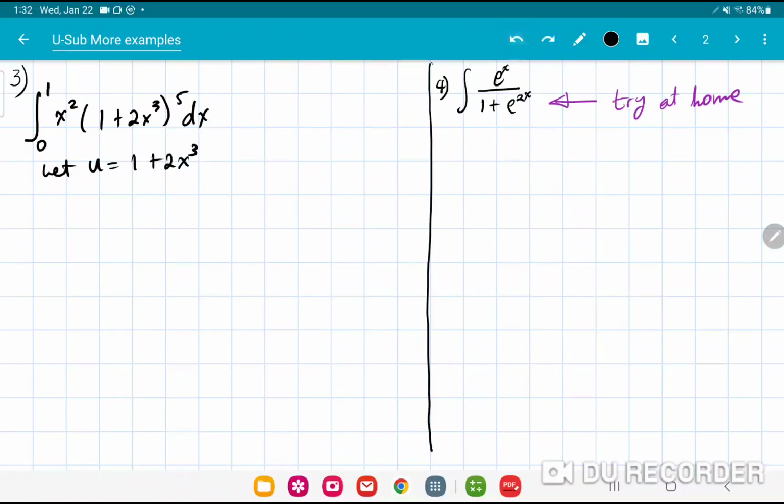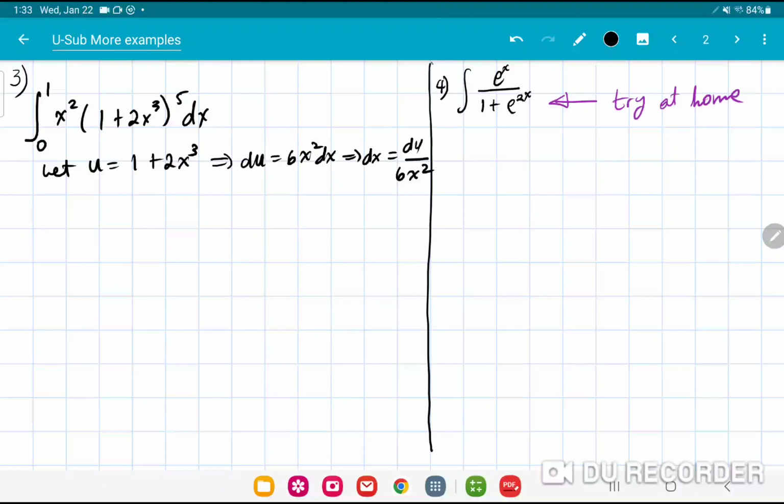So u equals 1 plus 2x cubed, then du becomes 6x squared dx, or dx is du over 6x squared. So that would be the expression I will put in place of dx.